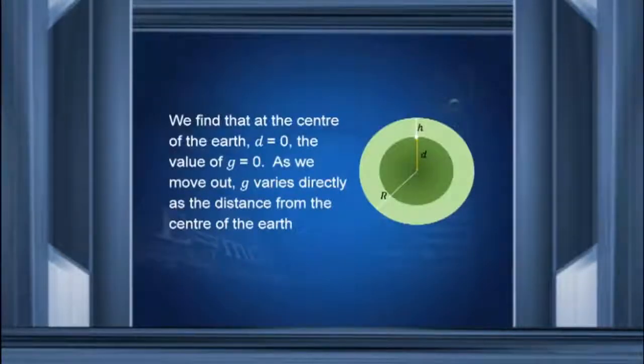And d, you remember, is the distance from the center of the earth. So, the value of g inside the earth at any point is directly proportional to the distance of this point from the center of the earth. It is proportional to d, so it varies linearly with the distance from the center of the earth. Here I show you graphically what is happening.